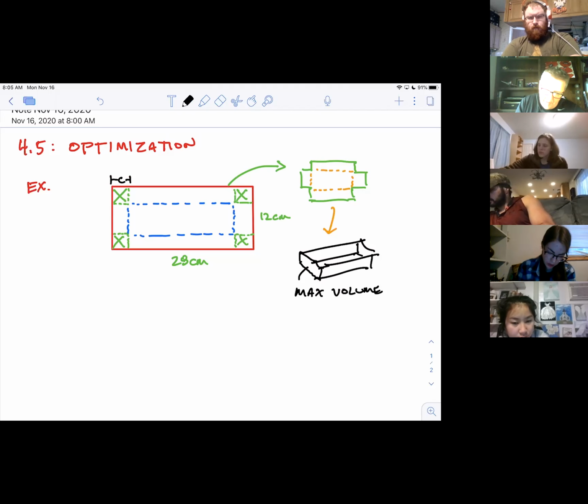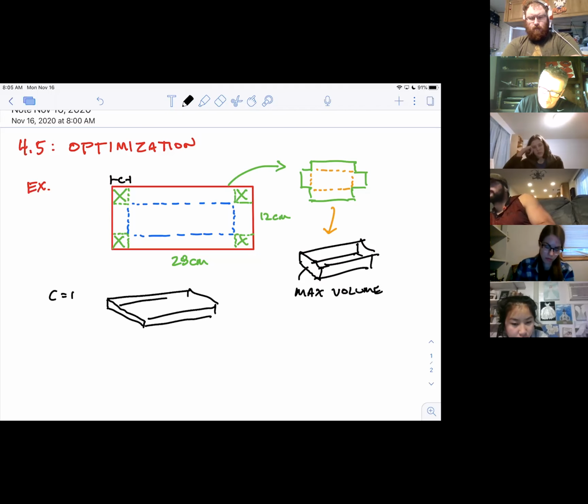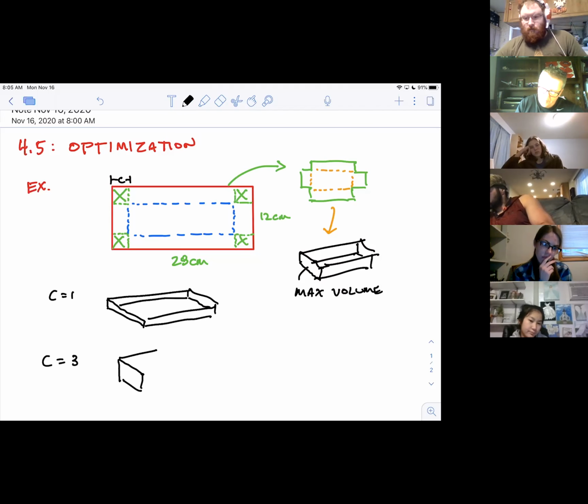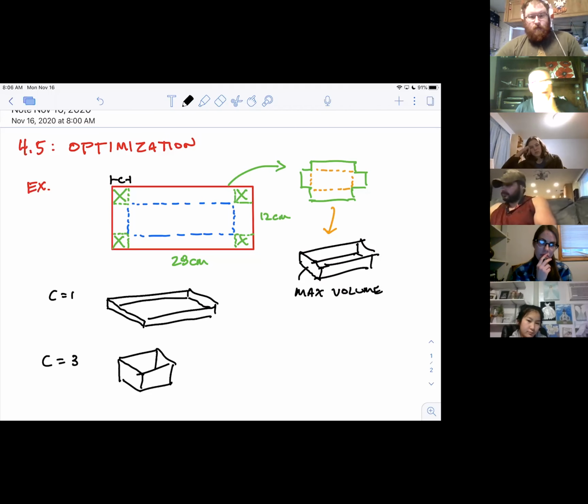If C was 1, then the box would end up looking long and thin like this. It'd be a nice big box, but it just wouldn't be very deep. Whereas if you made C like 3, you're going to get a box that's quite a bit shorter and chunkier. Maybe something that looks more like that.